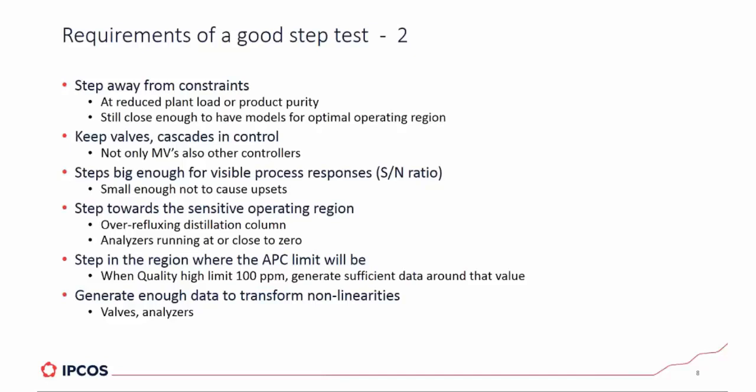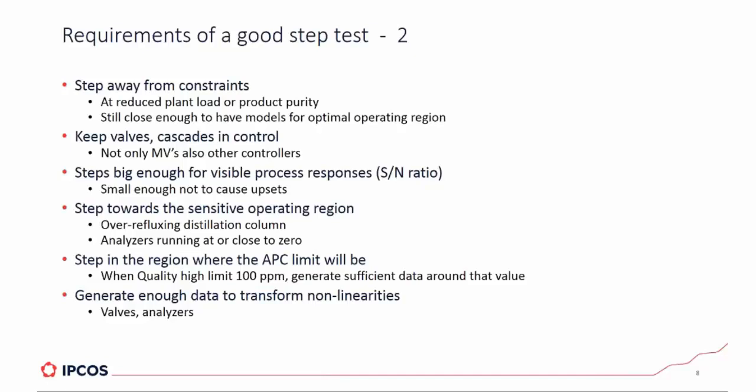Still, at the same time, we want to be close enough to our process limits, so that our models are valid in this optimal operating region, because that is typically the constraints against which our MPC would push at the end, and therefore, as we have said before, all processes are non-linear, but we would like our model to be perfect in this operating region, namely close to the actual process constraints.